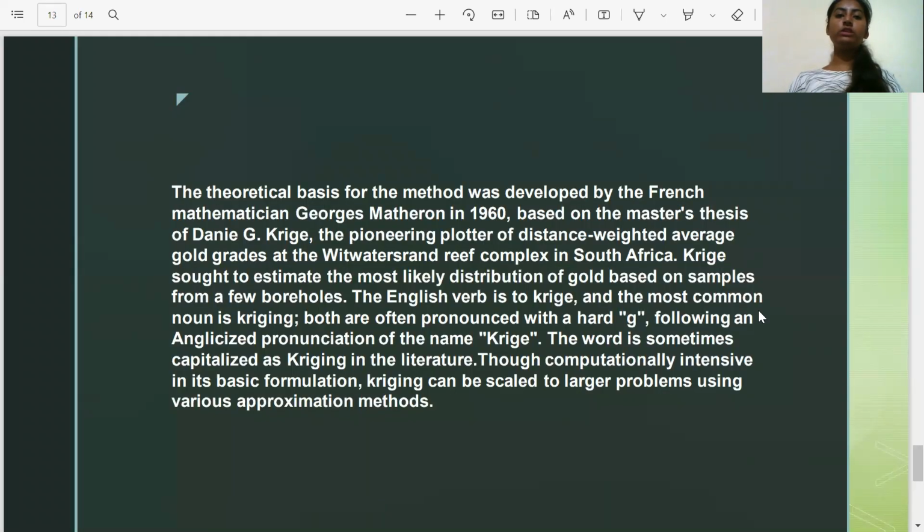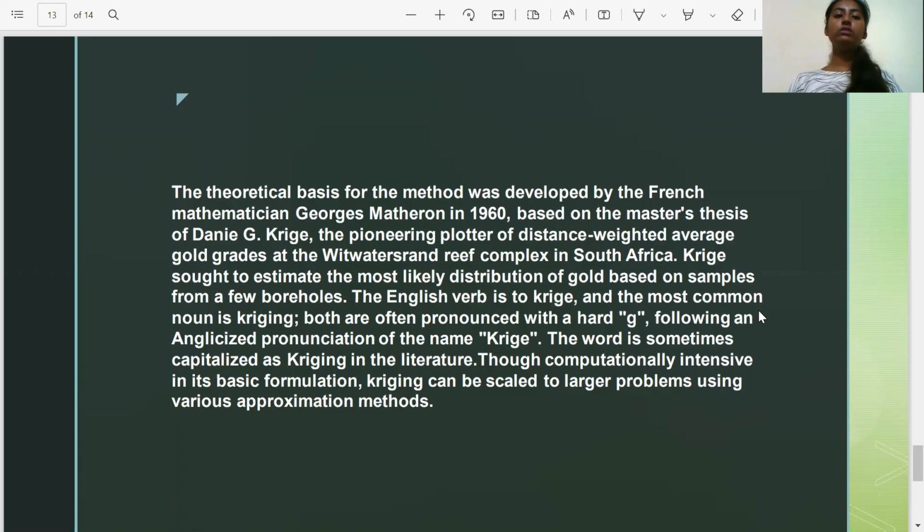The theoretical basis of the method was developed by the French mathematician Georges Matheron in 1960, based on the master's thesis of Danie G. Krige. The kriging plot of distance-weighted average gold grades at the Witwatersrand reef complex in South Africa.